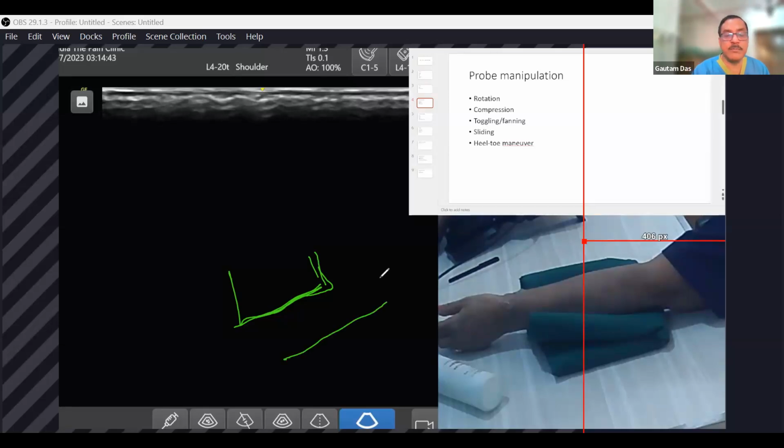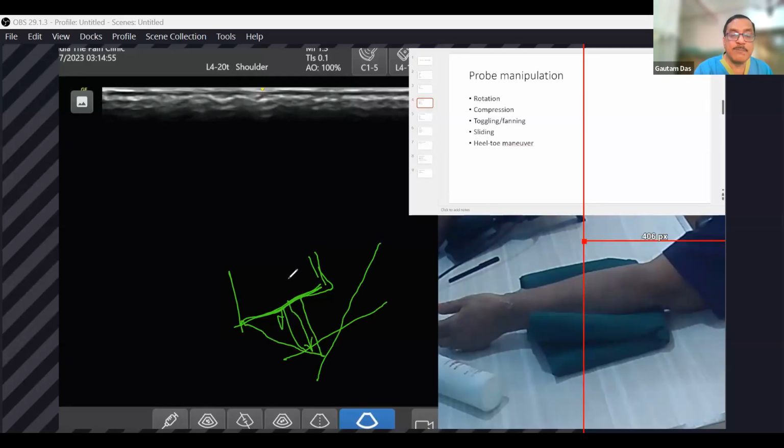When will you be able to see it better? Because of the ultrasound beam: if it is coming this way and reflecting back, then you can see it better.